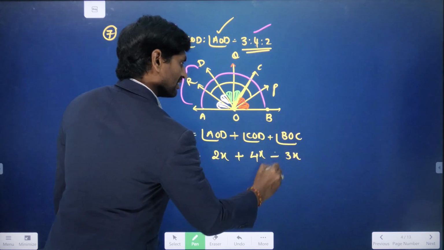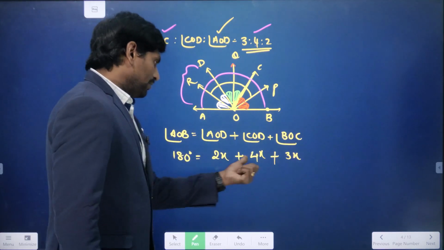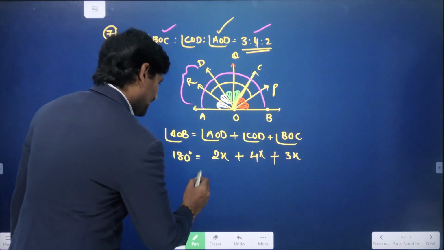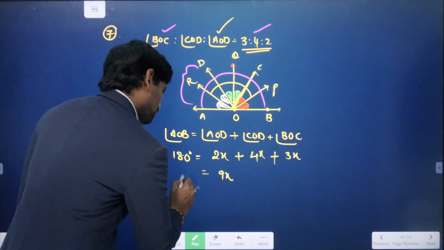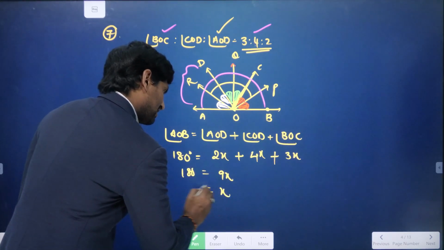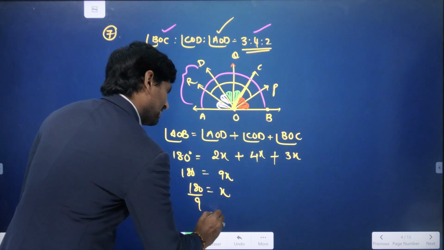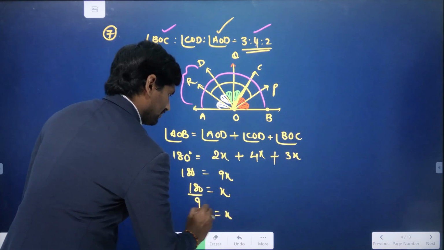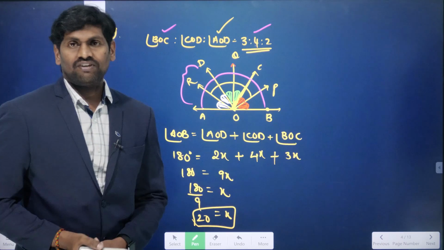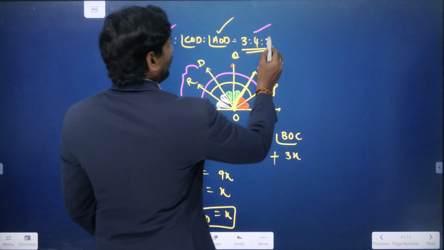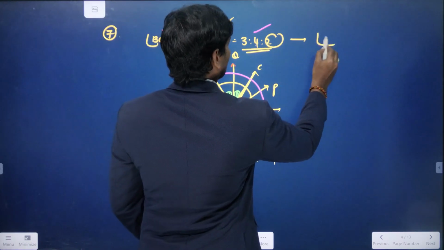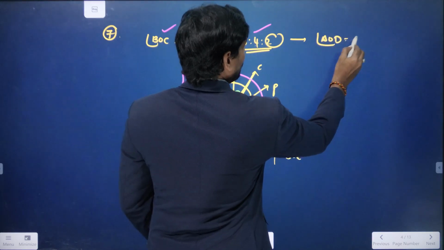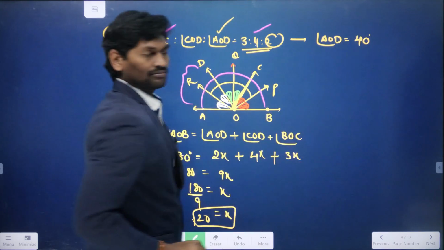Sum means addition. Add all of them: 2 plus 4 is 6, 6 plus 3 is 9. So 9x is 180 degrees, then x is 180 by 9, which is 20 degrees. Then 2x is AOD, so AOD is 40 degrees.